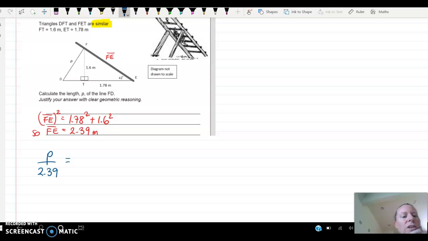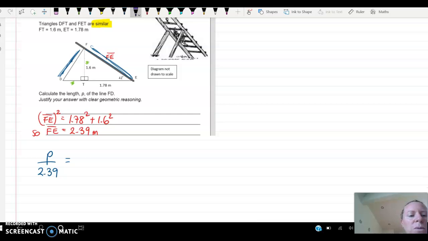So the ratio of that hypotenuse to that hypotenuse is going to be the same as the ratio of this, because remember we talk about the smallest length, the middle length. So this is the shortest length of the little triangle. This is the shortest length of the larger triangle.